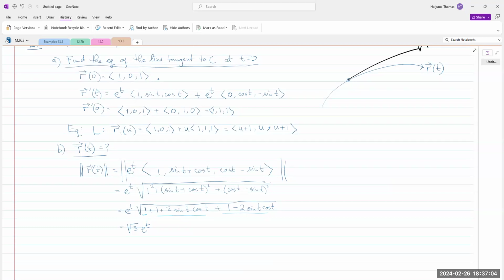Okay, so what is the unit tangent vector? The unit tangent vector will be R prime t divided by its own length.